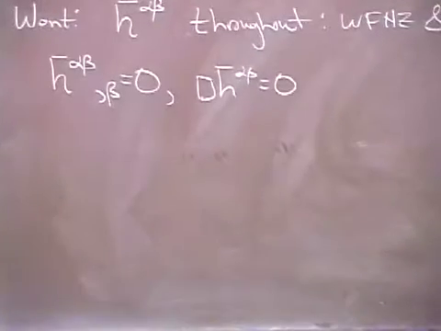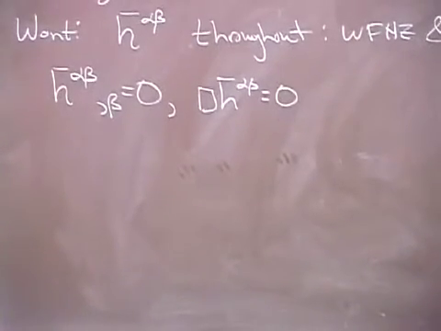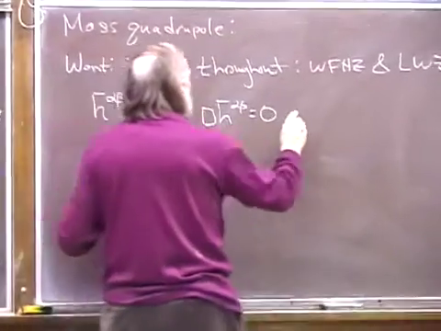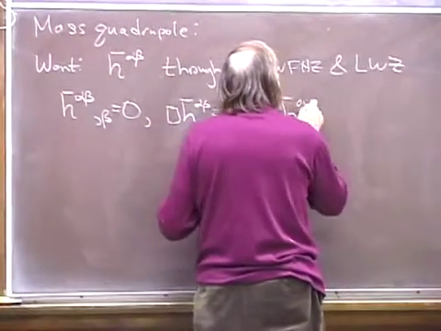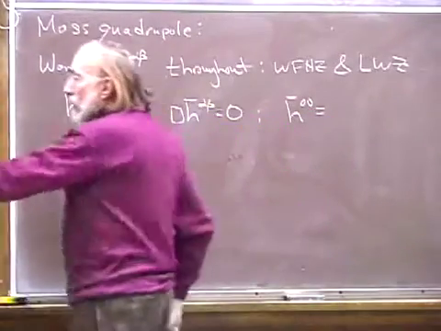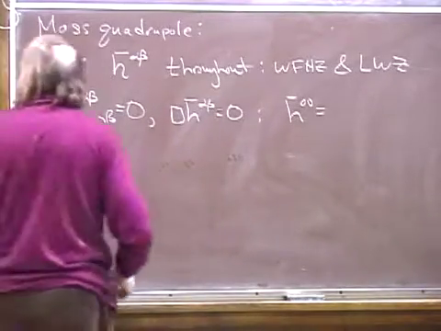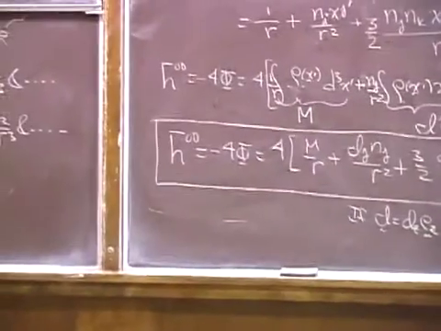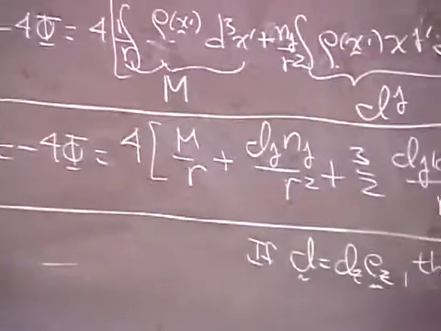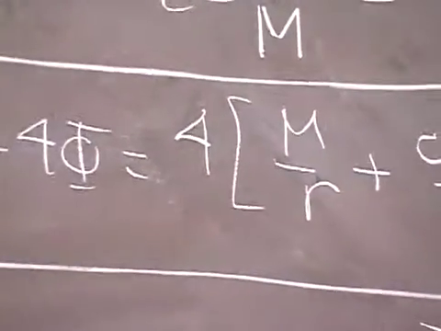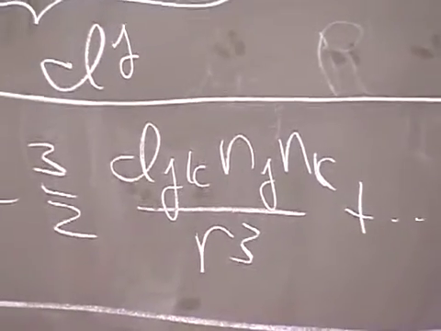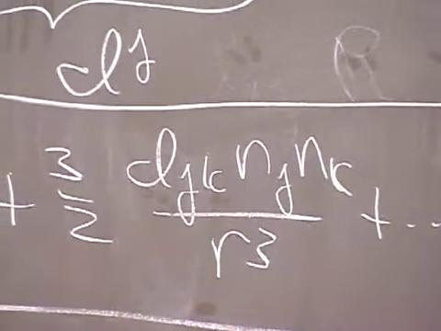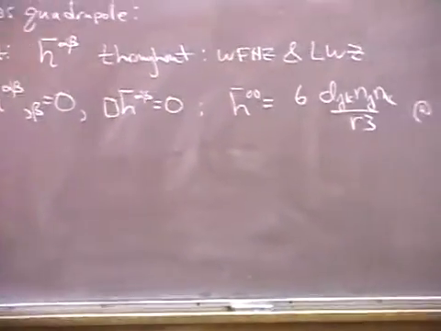And I need that in the weak field near zone, h bar 0,0 is this, 4 times 3 halves, so it's 6 I jk n j n k over r cubed, at radii small compared to lambda bar, in the weak field near zone.